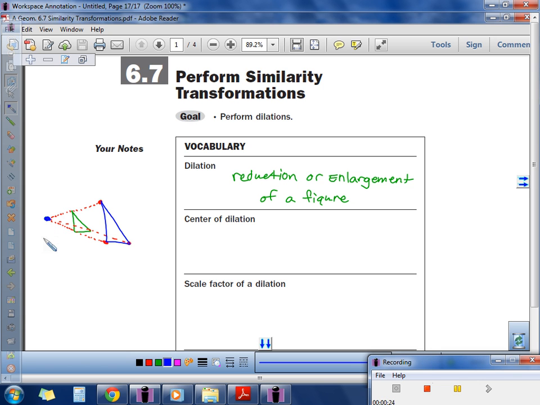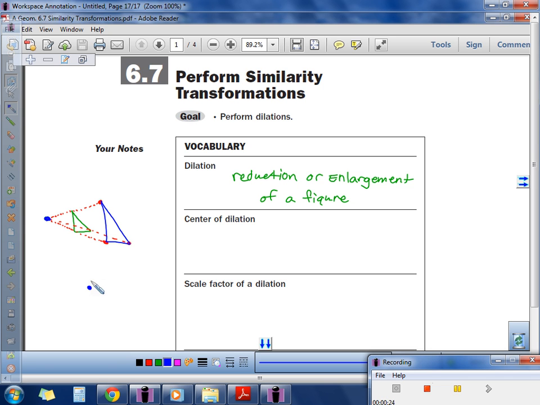What's the book definition for that? Does anybody have a good book definition? Okay. So it's the point about which the figure is enlarged or reduced. Sometimes the center of dilation is outside the figure. Sometimes, though, it's inside the figure.